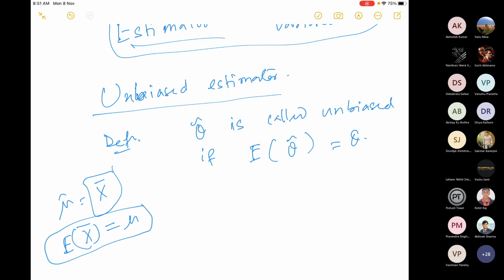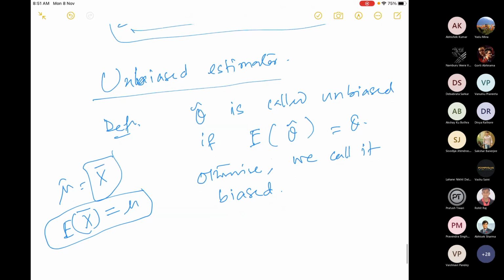Then I'll say this is unbiased. Otherwise, we call it a biased estimator, if it does not satisfy this.